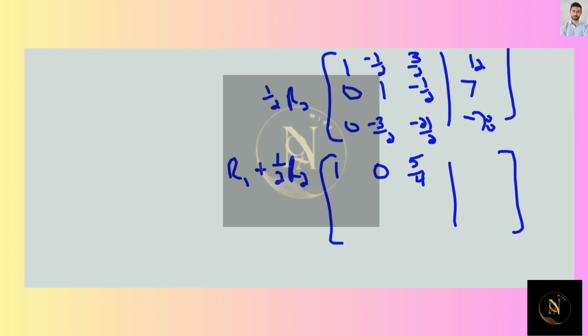And we'll get 12 plus half of 7, which would be, as a fraction, 31 halves.